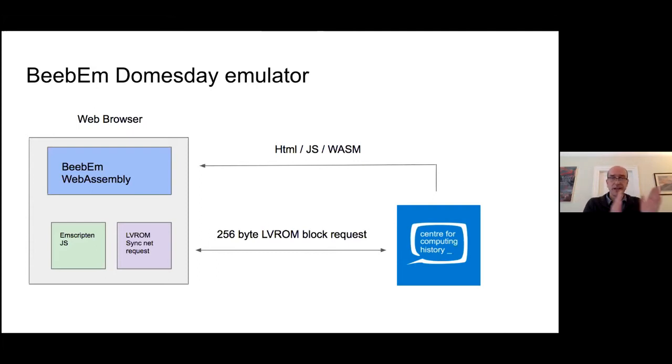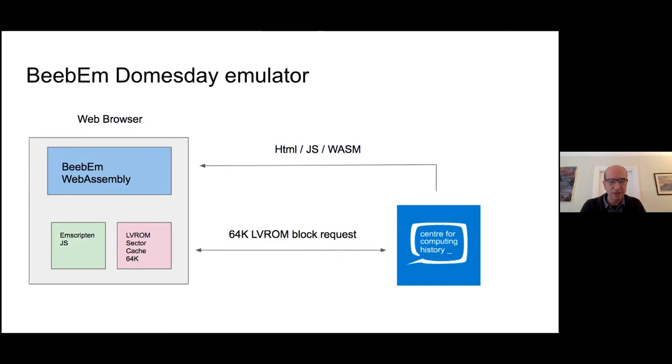Now, the downside with all this is that you think about the number of requests that are coming through. Even though the latency of the Laserdisc isn't, there's a little bit of there when it's running on the proper machine. When you're actually doing that over the web and having sequential access like this, it slows it down quite a fair bit. So the final part of the work was just to implement that and put in a caching layer.